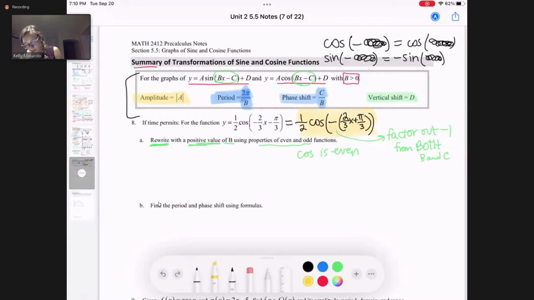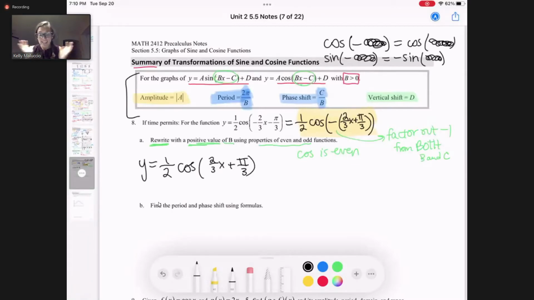So I'm going to say y equals 1/2 cosine, and I know cosine is even, so cosine of 2/3 x plus pi over 3. And I just got rid of that negative. And now look at what we have. Now we have A is here, B is here, C is there. Cool. Now we've got it. So we rewrote the function.